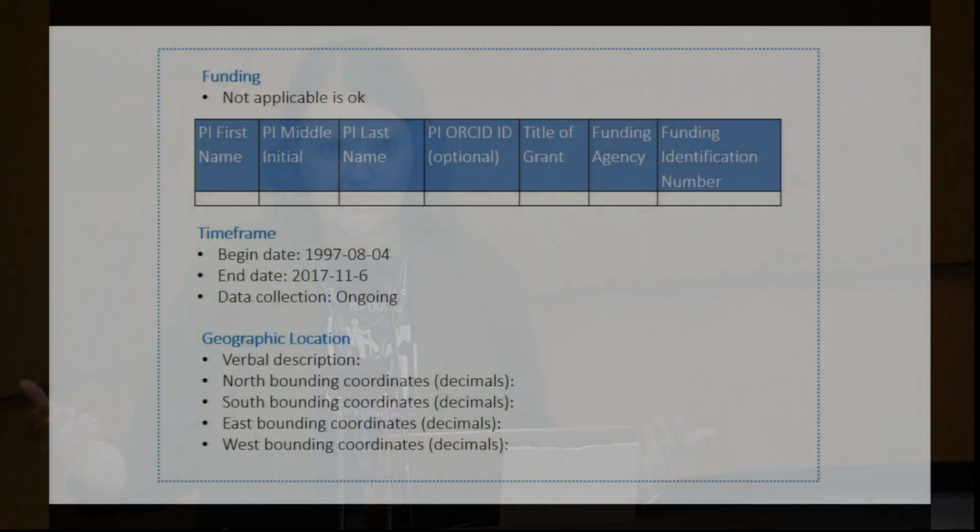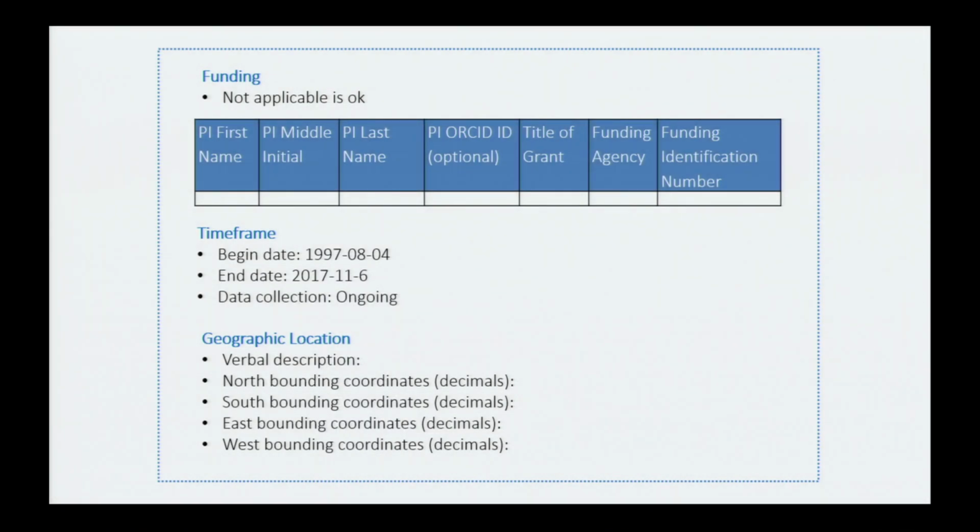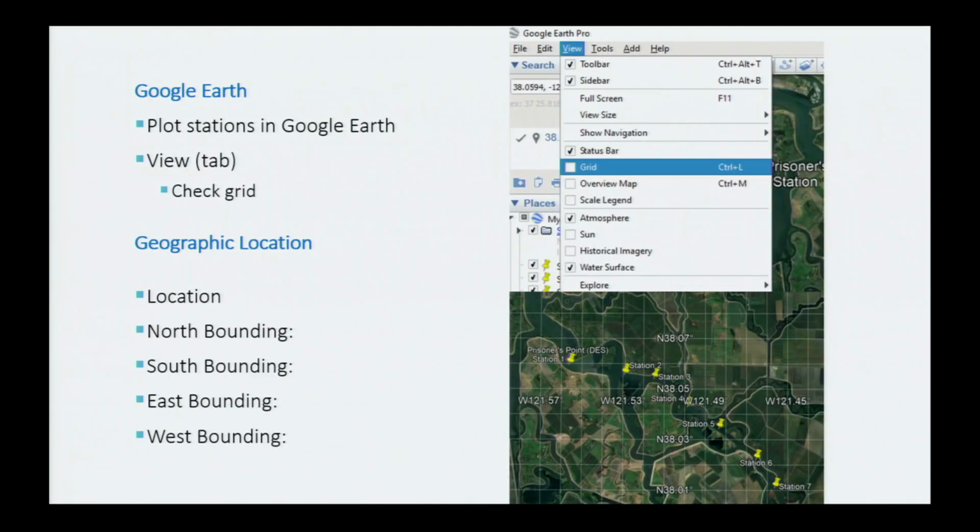And then there's also a spot for the geographic location. This is also very broad: where is your study region? So you can give a verbal description of just a general area, and then the boundary coordinates of your study region. And I know when I first did this, I was like, how do I figure that out? So I'm a visual person, so the easiest thing for me was I plotted my stations in Google Earth.